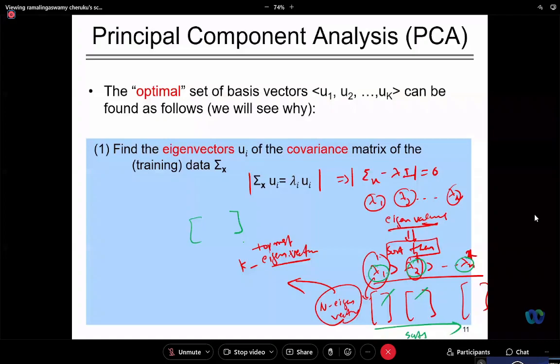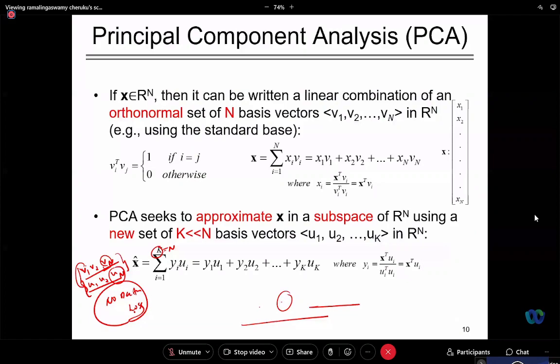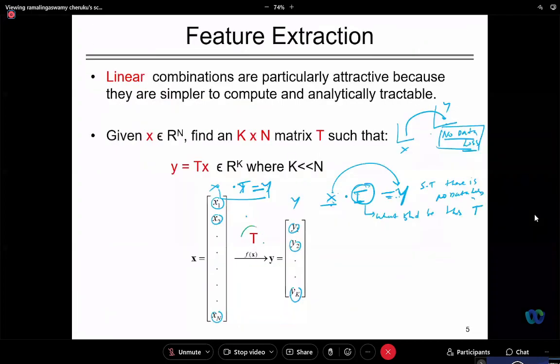What is the T? Where I mentioned T, yes, it's T. Now T is an eigenmatrix, so it will have eigenvectors. So this is lambda 1 dash, lambda 2 dash, and then lambda k dash.